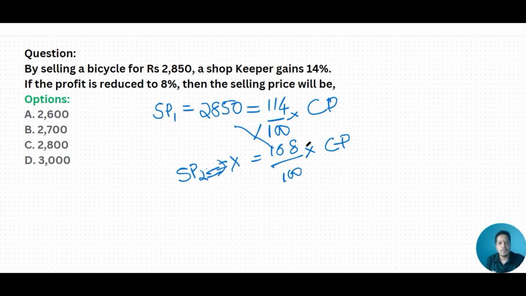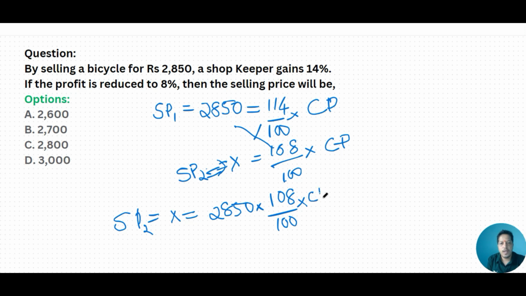So let me write what is X. X, which is SP2, is the one which they are looking for. That SP2 is equal to, I write 2850 into 108 divided by 100 into CP, and now I have to divide the other one.